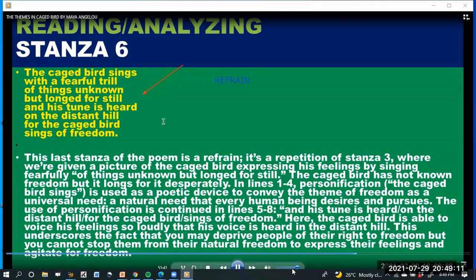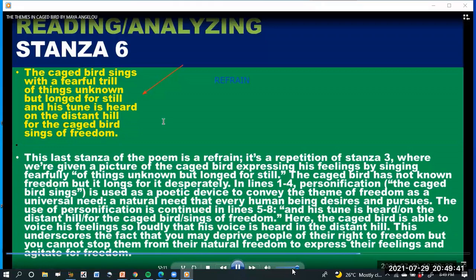And of course, songs were sung by people agitating for their freedom. And that shows us that music is indeed a tool for expression and for agitation. And it is really clearly portrayed in this poem for exactly what it is. So it's a dominant theme in this poem.